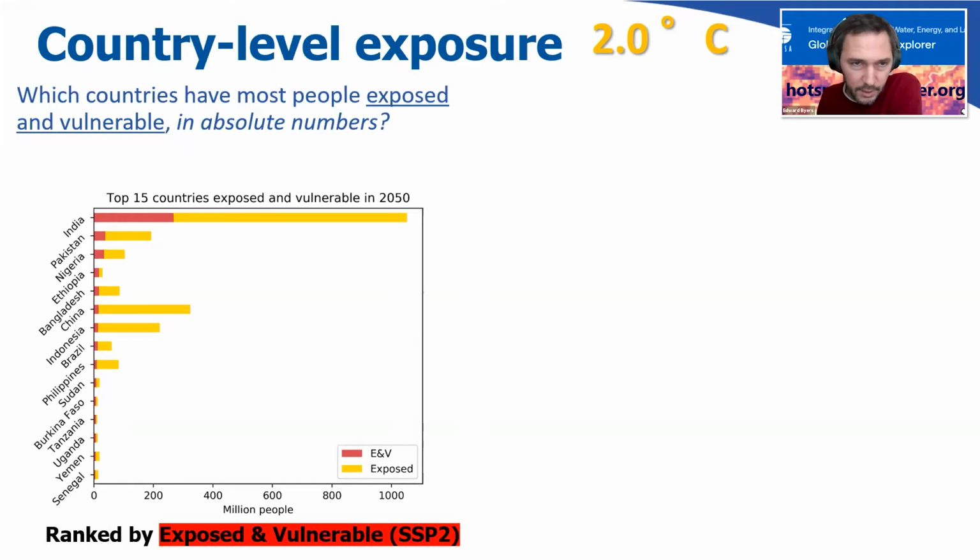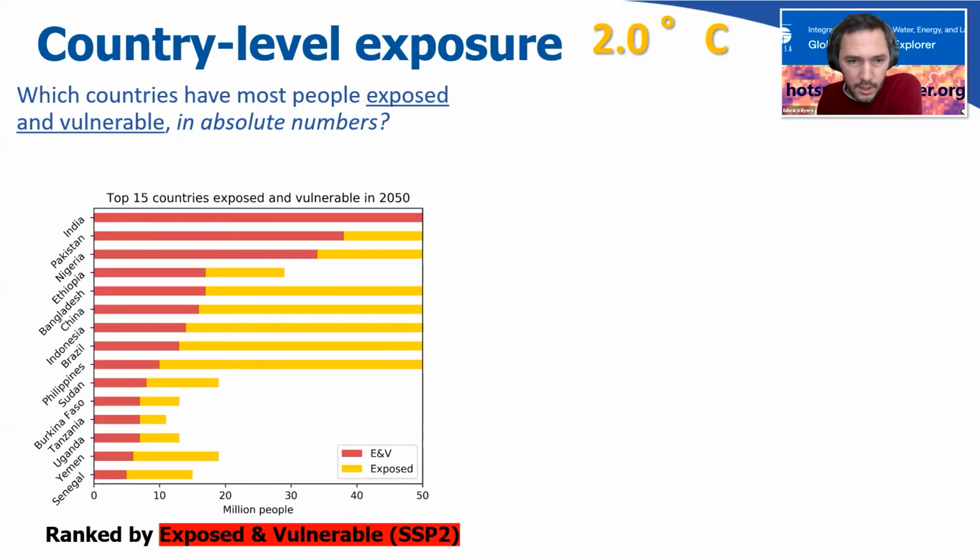The red bars are the ones that we should be most concerned of. So these are people on low incomes and highly vulnerable. We can see that in all of these countries here, potentially tens of millions of people in approximately the 2050s facing extremely challenging situations.